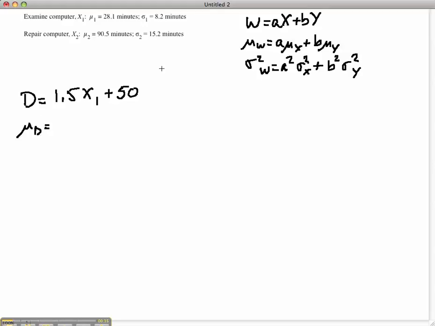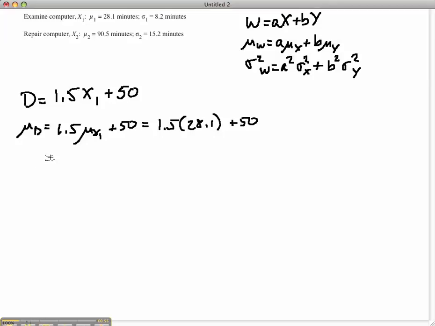So using our formulas from up here, mu of D is equal to 1.5 times mu of x1 plus 50. So 1.5 times 28.1 plus 50.